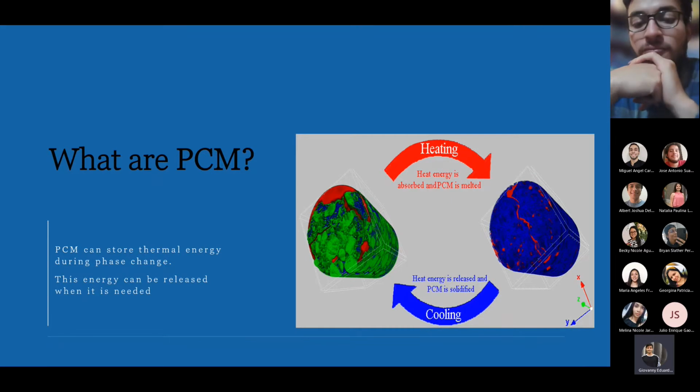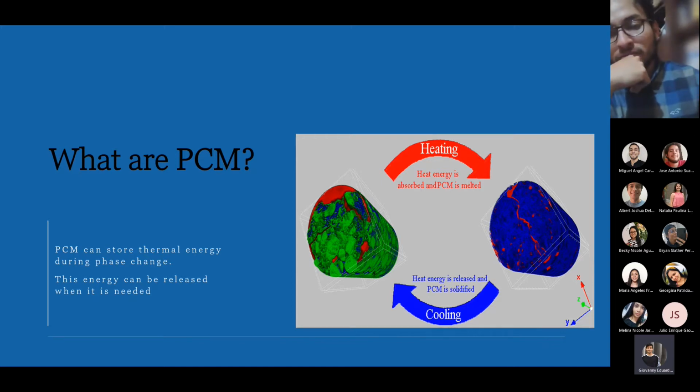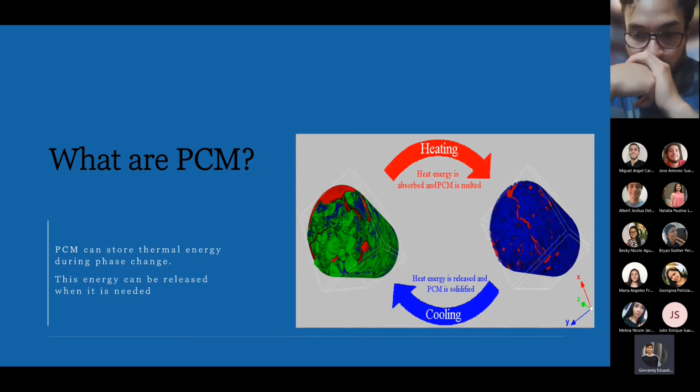For example, in the liquid-gas, the problem is the big difference of the volume of the material when changed from liquid to gas. The solid-solid requires a high value for the temperature to let the phase change take place.